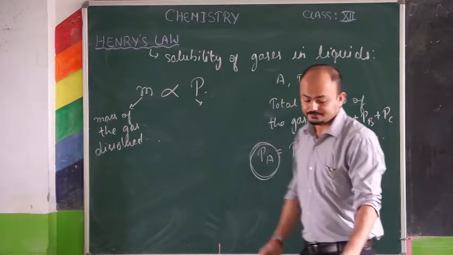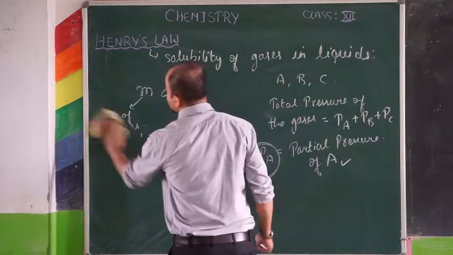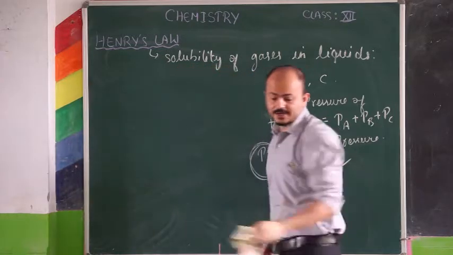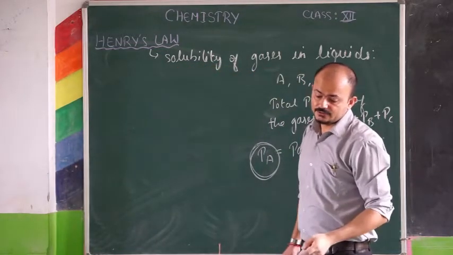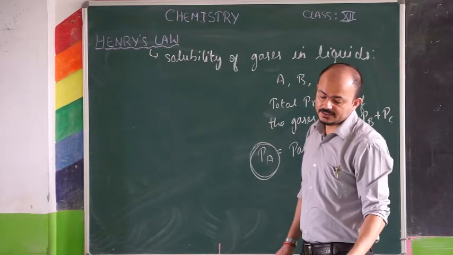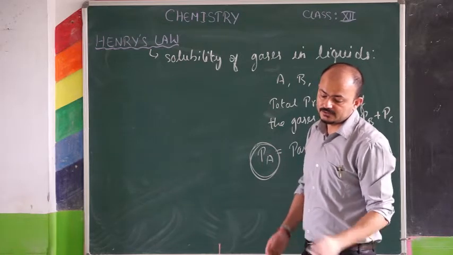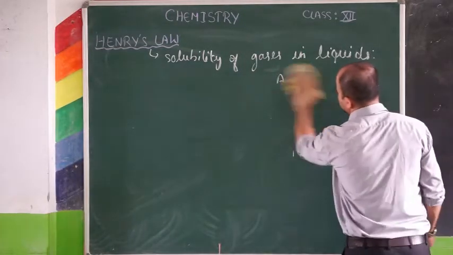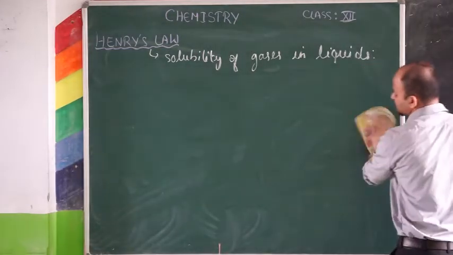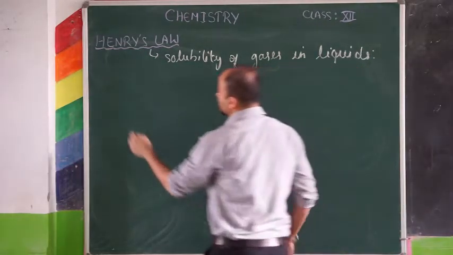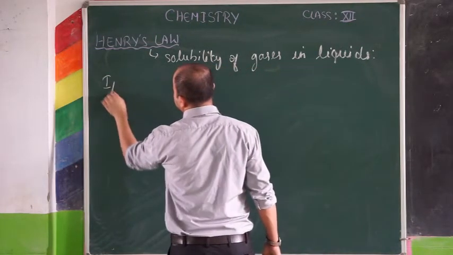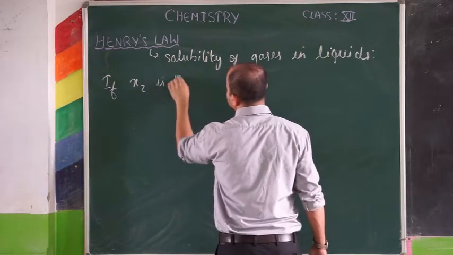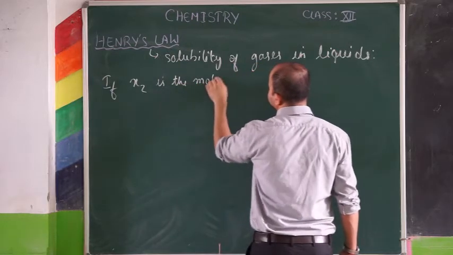Now to make it more clear, let's take mole fraction. Suppose X2 is the mole fraction of the gas in the solvent and P2 is its partial pressure. So now we are discussing mole fraction, as we discussed in our previous video, and we are trying to relate it to partial pressure.